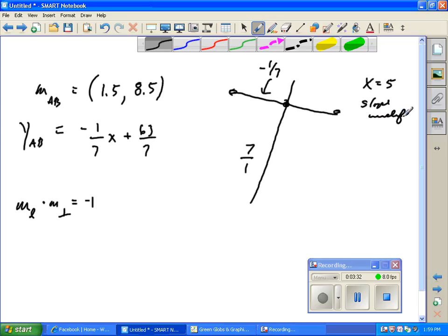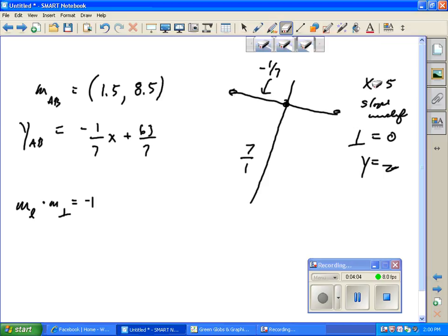Because its slope is undefined, the slope that's perpendicular to it will be equal to 0, and its equation will say, instead of x equals 5, y equals whatever. So just watch out for that. If you have a vertical line, its perpendicular bisector has to be horizontal, which means its slope is 0. If you have a horizontal line, its slope is 0, its perpendicular bisector will be a vertical line.